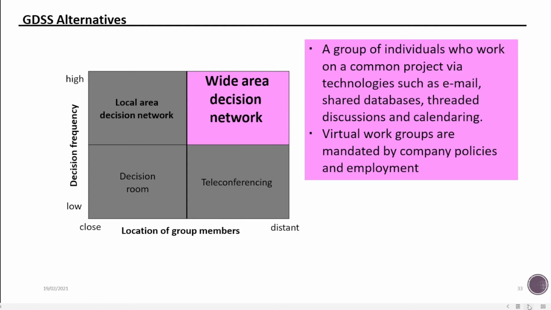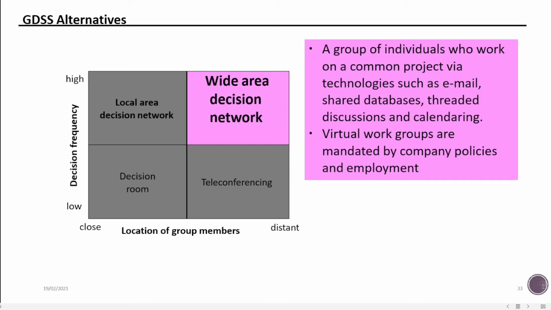And then lastly, we have here the wide area decision network. So there is high decision frequency and also there is a distant location of group members. So etong system na to caters to groups that are geographically dispersed but needs to make decision frequently. It utilizes the internet or other wide area networks to connect participants.